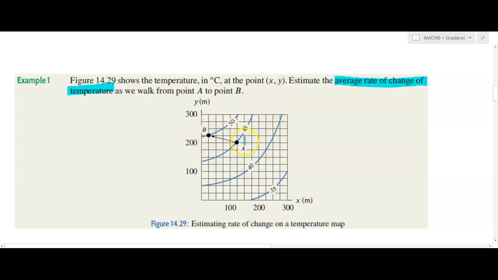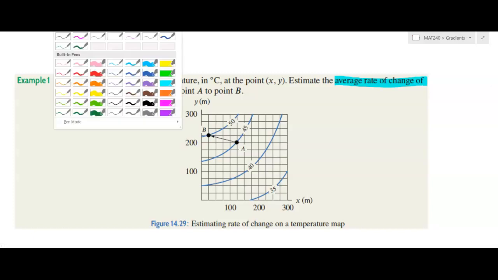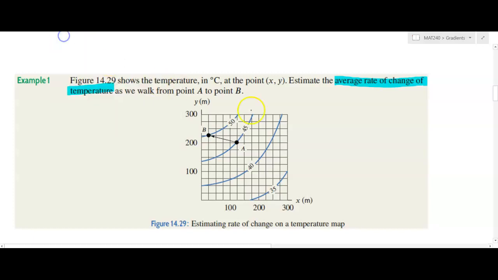So we need to collect some data first. To put this into a more manageable context, we see that at point A, we're standing at the point, these are increments of 25, so (125, 200). So at 125 meters east, 200 meters north, we have a temperature of 45 degrees Celsius.